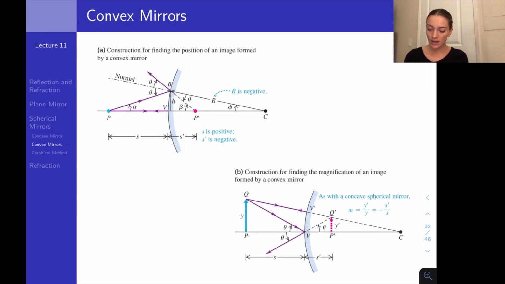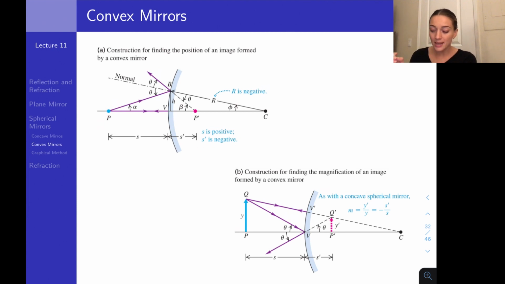So for a convex mirror, we have pretty much the same thing, except we have some different signs. R is negative now, so the radius of curvature we say is negative because it's on the opposite side as the outgoing light. The outgoing light is obviously here. S is positive because our object is on the same side as the incoming light.